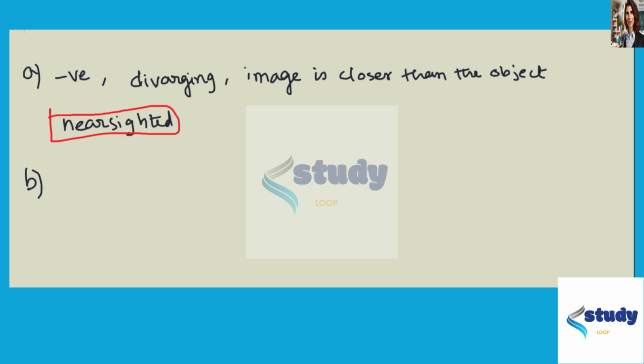When we are trying to find the far point, we mean the maximum distance that an object can be, and where the image should form. So for the far point, our object distance should be infinity, and we need to find the image distance from here.